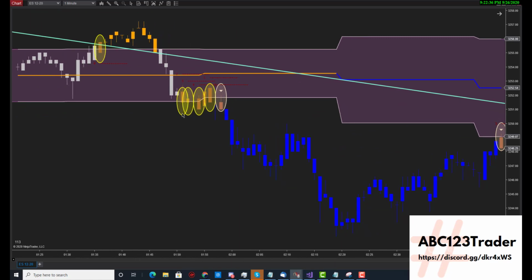As you can see, there are multiple circles, or ovals, here. What these ovals represent is an area where we're breaking out of the standard deviation. These are suggested stop losses.